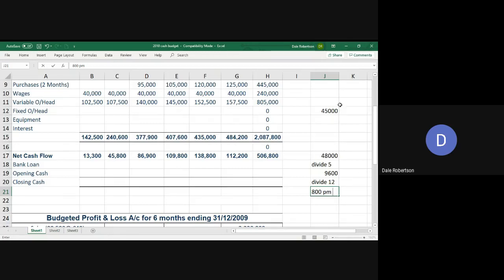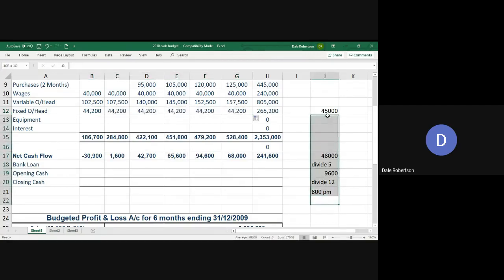We do not count that, so you take that out of the 45,000 figure. So actually, the fixed overheads are going to be 44,200 every month as incurred. That might be insurance, rent, rates, things which are fixed and will not change from month to month. So that's how we get that 265,200.